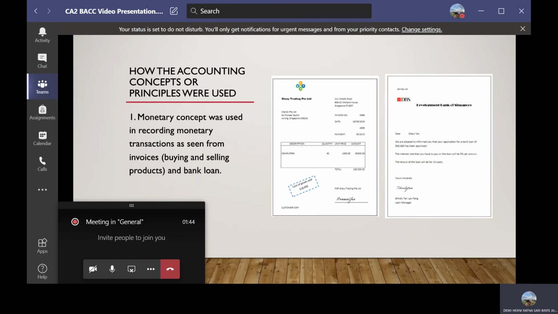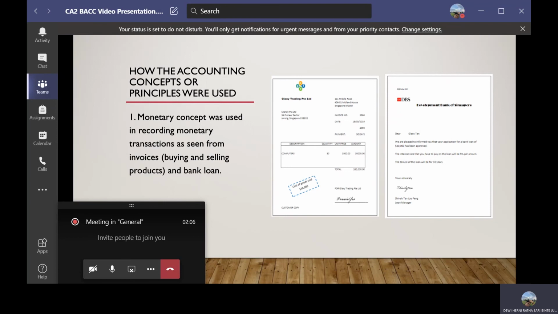This is considered monetary as the transaction can be converted into cash or reflected in the bank statement. Non-monetary records such as quality of workforce and customers' loyalty can't be recorded as they cannot be measured monetarily and have no way of being converted into cash.